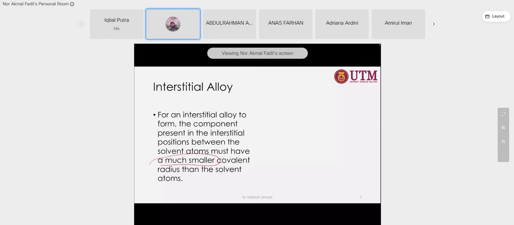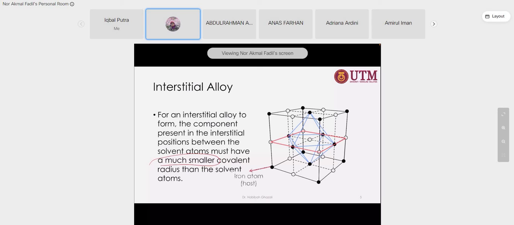If the alloying element or foreign atom has a very small size, it can produce an alloy through interstitial diffusion. This is an example: iron as the parent atoms or host material, and carbon, which is a very small element, diffuses in.